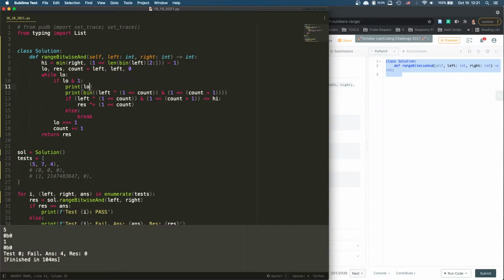Low is 5. And then let's print binary. Yeah, let's just binary the whole thing. So left exclusive for 1. That shall give me 1 0 0. That's what I expect. 1 0 0. Binary this. Okay, so 1 0 0. That is correct. And then it's 1 0 0, and I need to.